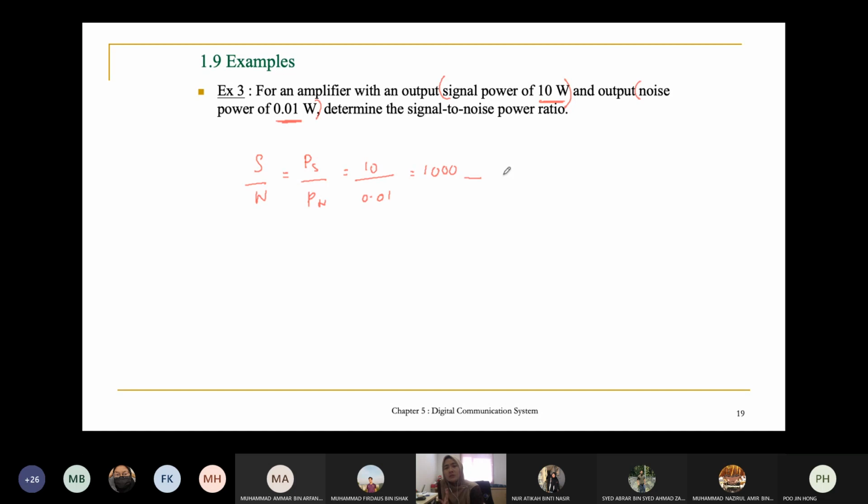Okay, but usually for a signal to noise ratio, we want the value to be in the unit decibel, dB. So if you want to convert the signal to noise ratio to decibel, you just multiply it with 10 log. So 10 log signal power divided by the noise power. So you have 10 log 10 divided by 0.01.